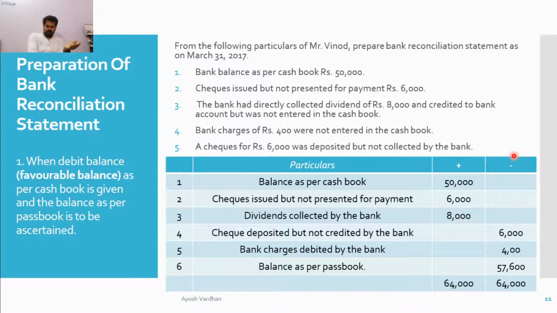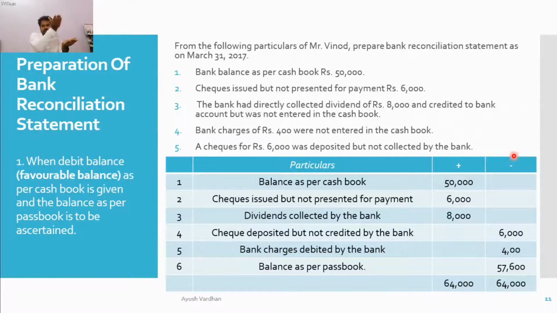Again, the next condition is check deposited but not credited by the bank. In that condition, what happens is Mr. Vinod has deposited a check, or means check has been deposited, but the bank has not cleared that check yet. Okay, so in that condition, Mr. Vinod does an immediate entry of plus 6,000 rupees because the check has been deposited into Mr. Vinod's bank account and Mr. Vinod knows about it.